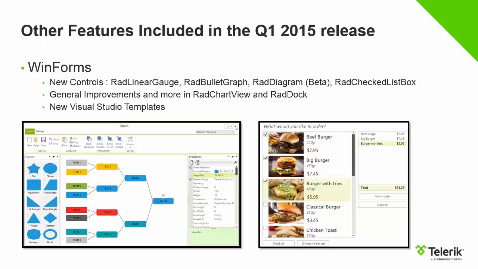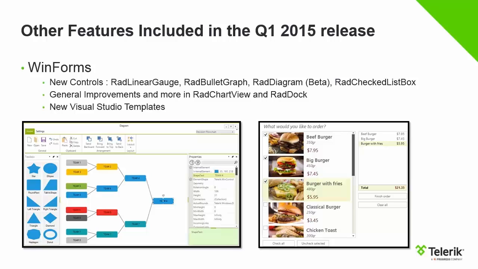You can also create org charts, flow, and process diagrams as an example. Rad Checked List Box is an enhanced control that allows you to do things such as data binding, visual formatting, sorting, grouping, filtering, and more. We also have new features in Rad Chart View that includes marked zones, new series, annotations, and more.